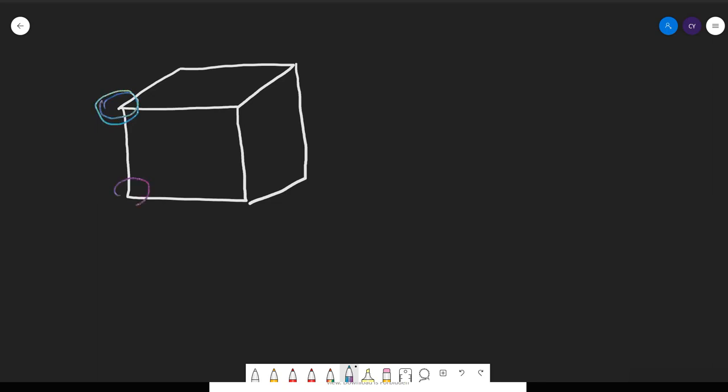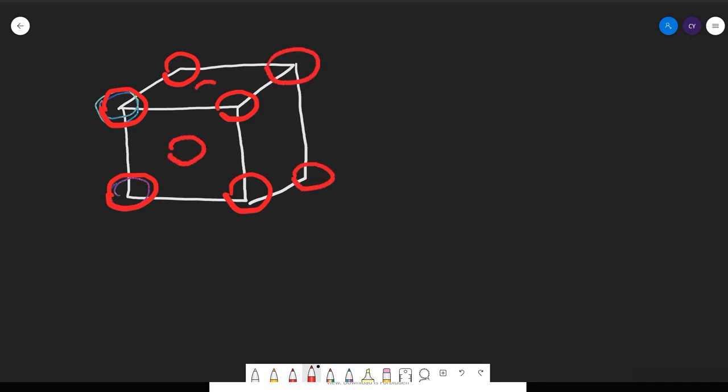And the atoms here, sorry, we use the color like this. The red color is iron. This iron, during the FCC state, we say it's at high temperature.